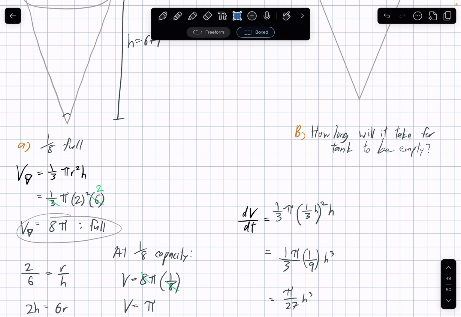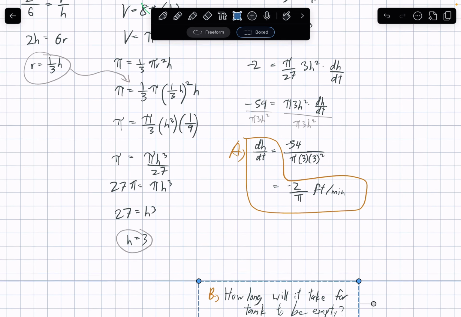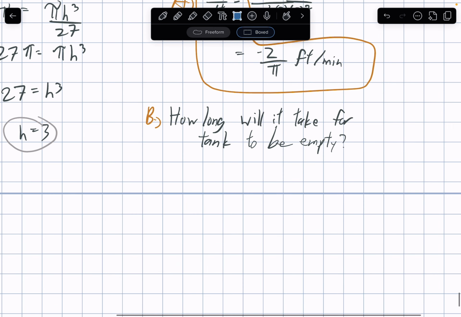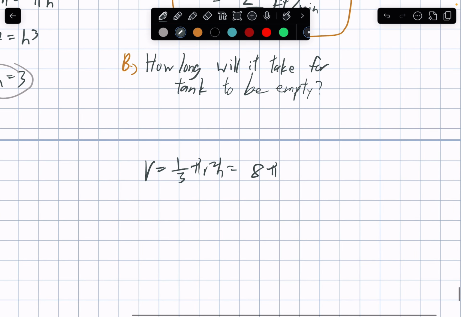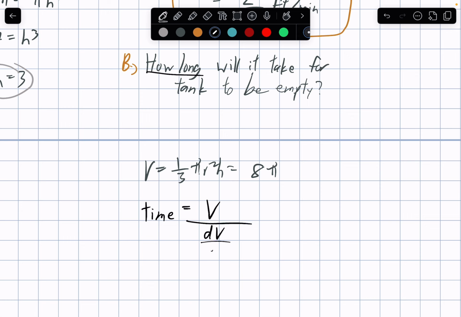What about letter B? How long will it take for the tank to be empty? So what are we talking about here? Again, the volume of a full tank is equal to 8 pi, right? So coming from full to empty, basically what we're being asked is how long. So time, in the context of our problem, is equal to the volume divided by dV over dt.